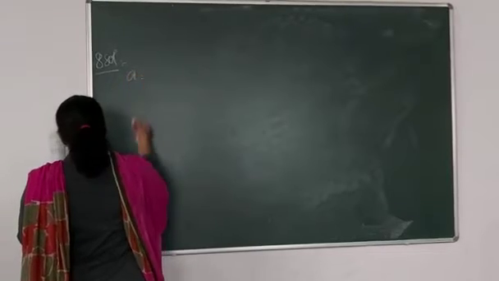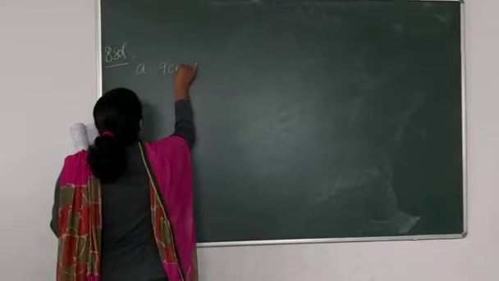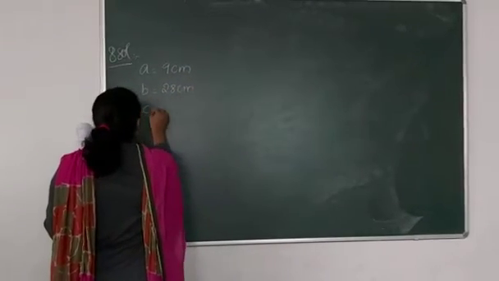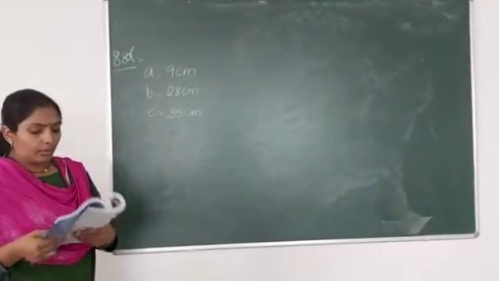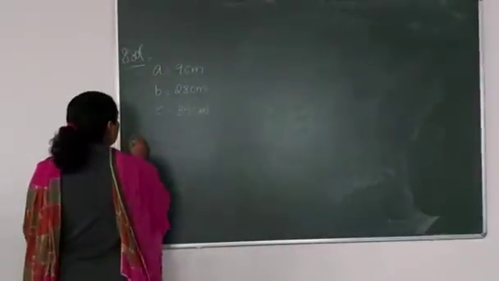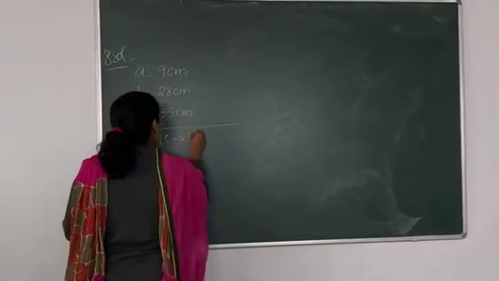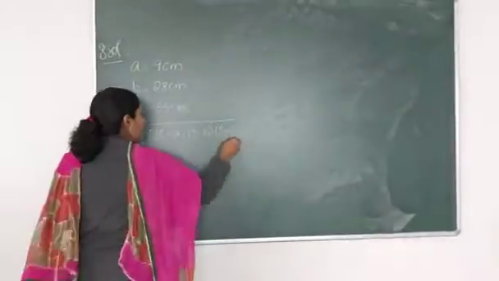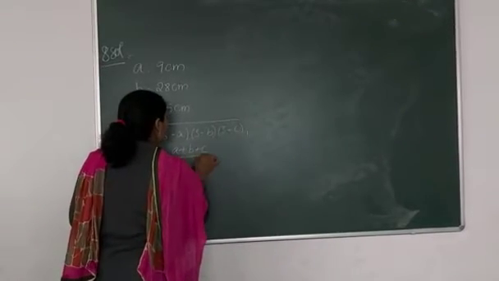Given that the sides of the triangular tile are AB 9 centimeters, BC 28 centimeters, and CA 35 centimeters, right? So now you know the values of the sides. You can easily find the area using this formula: the square root of s into (s minus a) into (s minus b) into (s minus c), wherein the value of s is equal to (a plus b plus c) by 2.